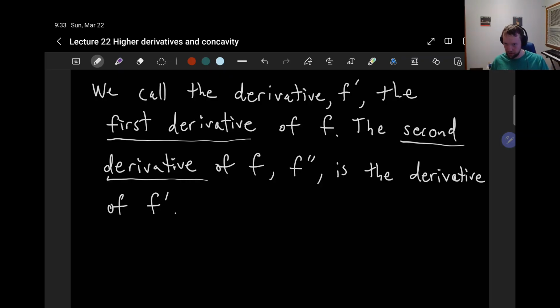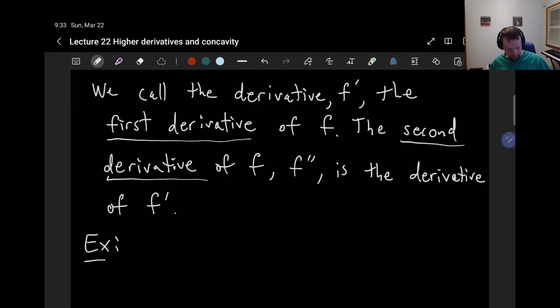So f prime is the derivative of f, and we call it the first derivative. The second derivative of f is the derivative of f prime. So these higher order derivatives, that means you just take the derivative of the previous derivative.